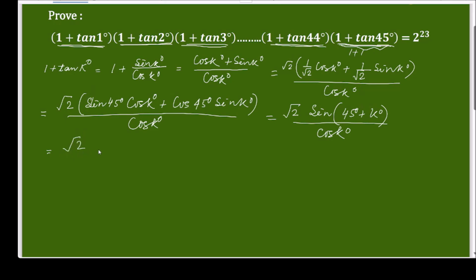I'll write root 2 sine 45 plus k as sine of 90 minus 45 minus k. Do we know that sine 90 minus theta is equal to cos theta? So I'll write cos 45 minus k.